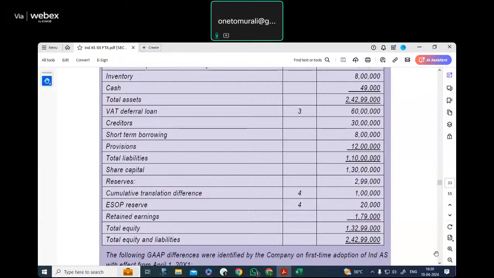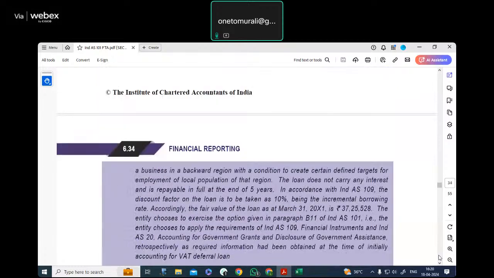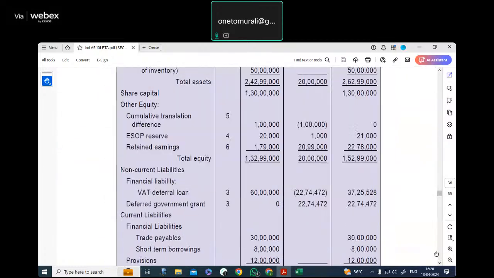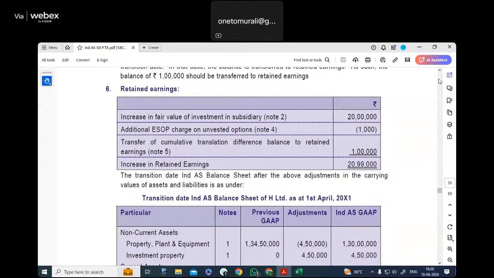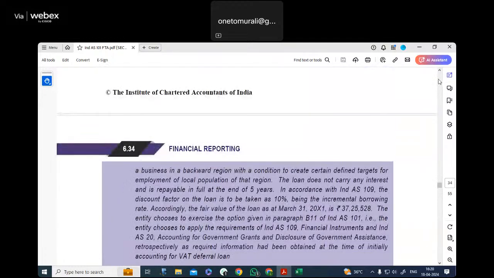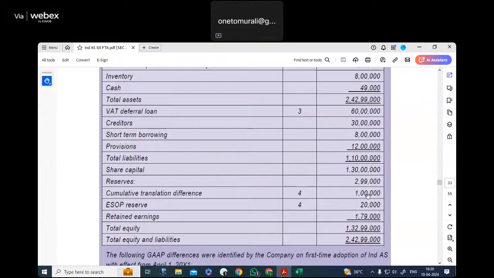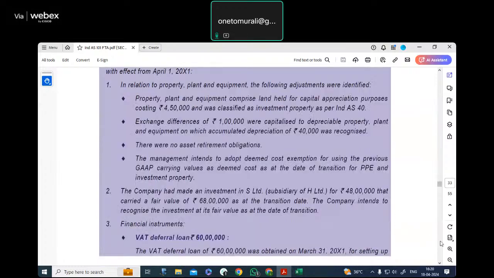Let us just see as how they are taken up. Reserves 299.